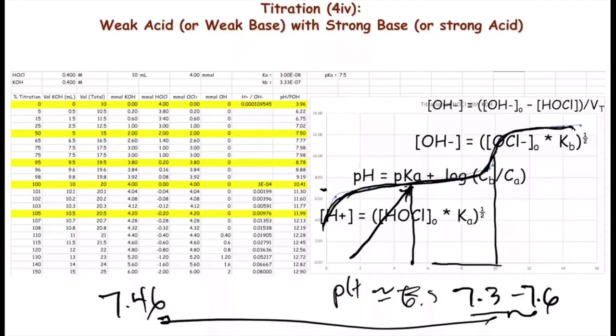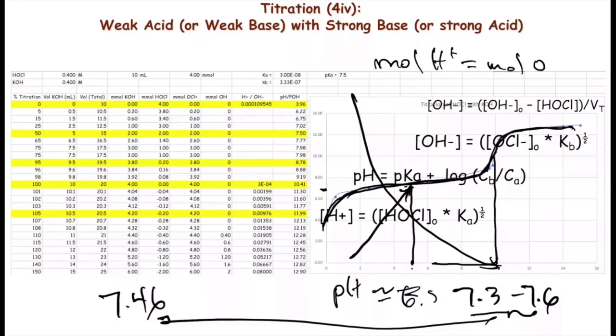When you guys do your lab next week, that's how you're going to determine the pKa of your unknown. You're going to look at the titration curve. You're not going to look at the equivalence point. You're going to look at halfway to the equivalence point, and you're going to read the pH, which gives you the pKa. The equivalence point, remember, the moles of your acid is equal to the moles of your base.